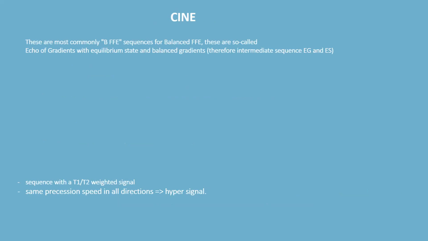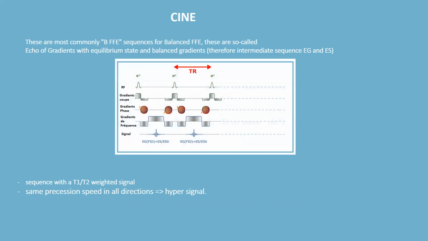The balanced FFE is also called gradient echo with equilibrium state, or balanced gradient. Therefore, it is an intermediate sequence between the gradient echo and the spin echo. It's a sequence with a T1 per T2 weighted signal.